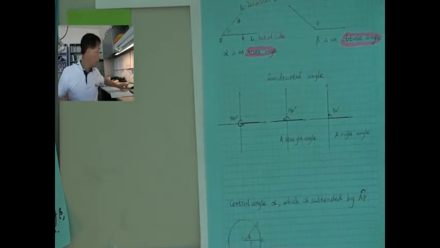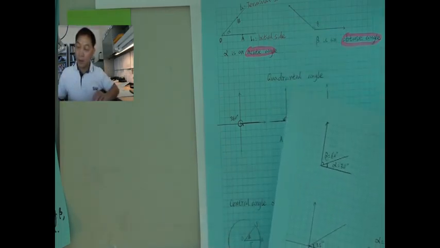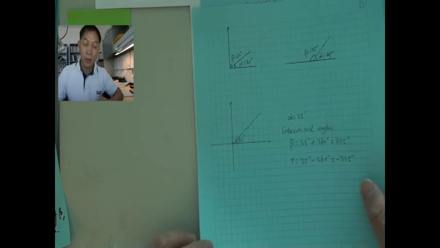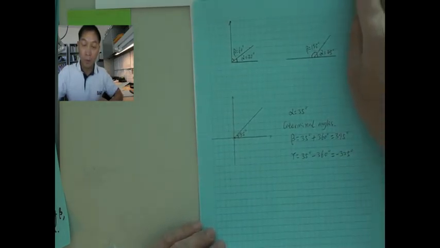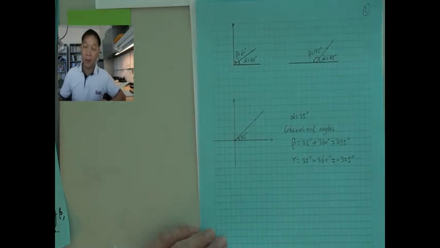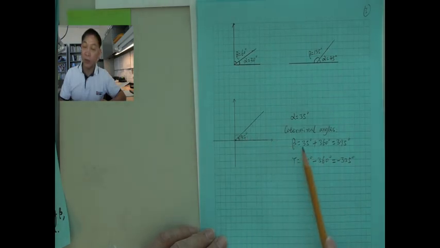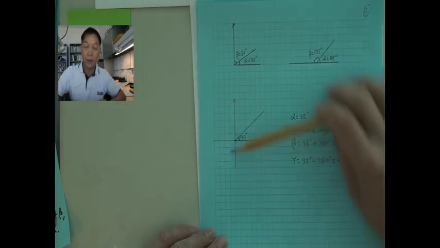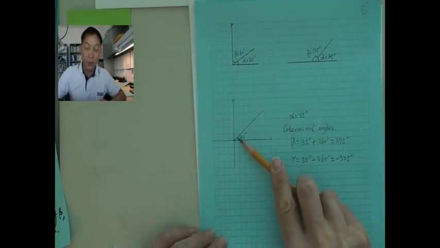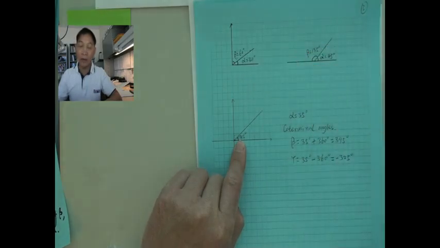And look at here. This is another example for the coterminal angles. Okay, you see, if here alpha is 35 degrees, you rotate from here to here, the amount is 35.